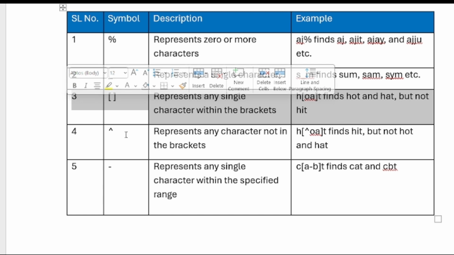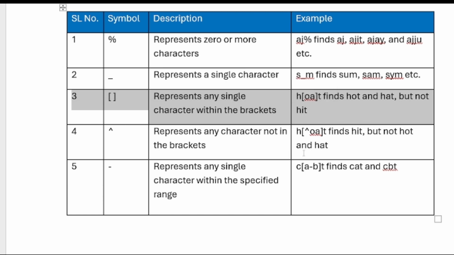And likewise we have the caret sign which says not. So H, caret sign, O and A, and T, so it will not display HOT or HAT. Apart from this it will display any other thing that is coming.